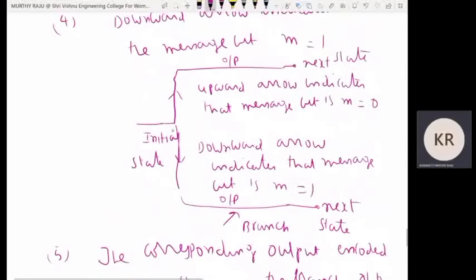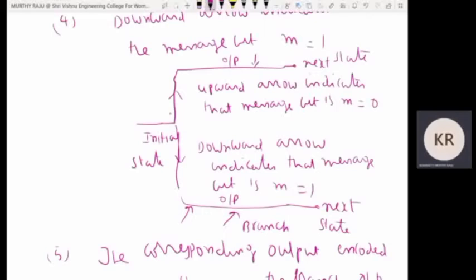This is the initial state, let it be A. Two possible message bits are there, 0 and 1. M is equal to 0 goes to upward direction. M is equal to 1 goes to downward direction. Output bits are indicated on that branch.